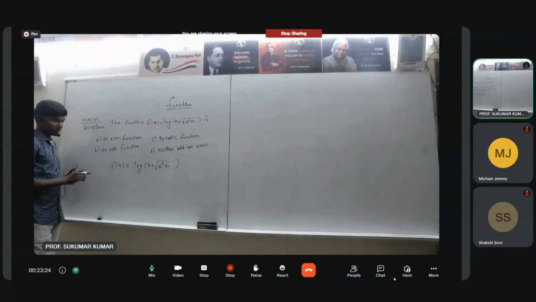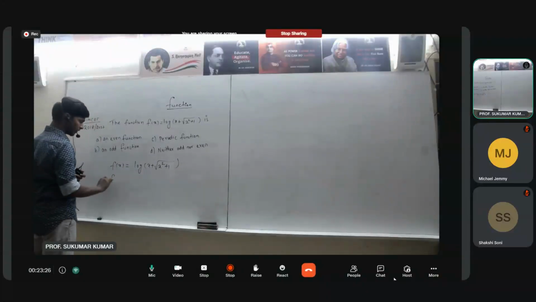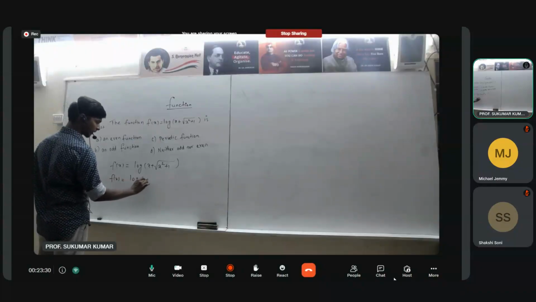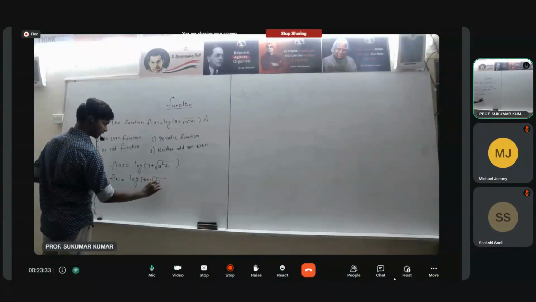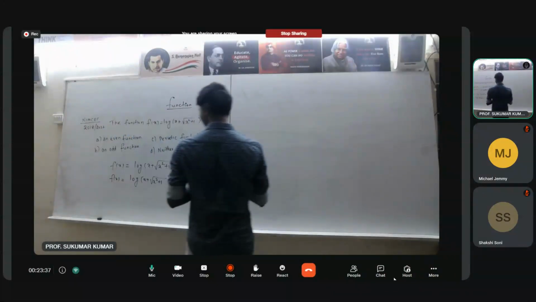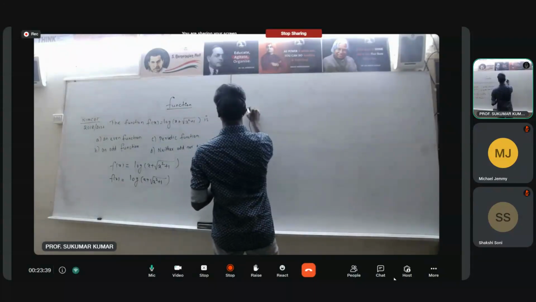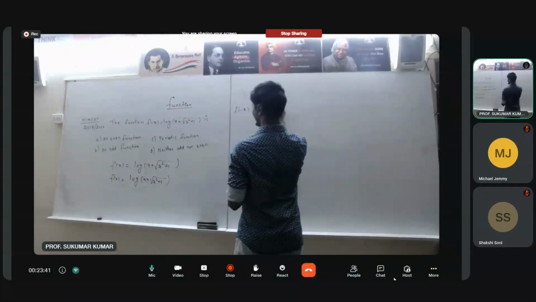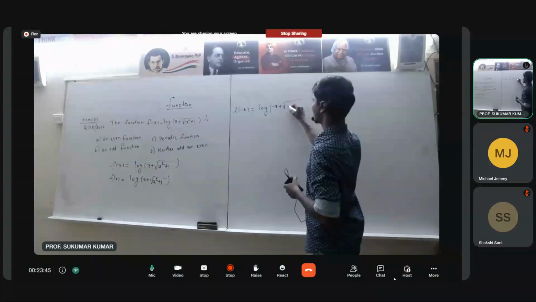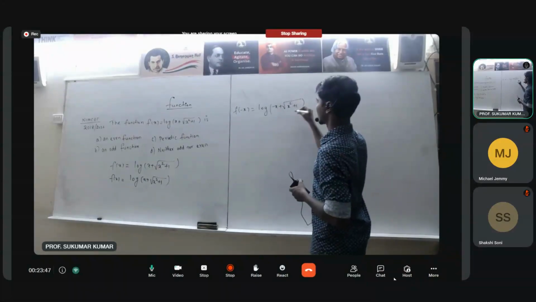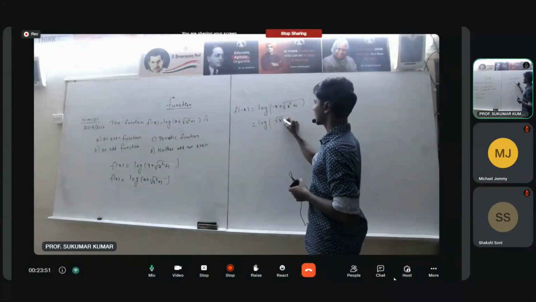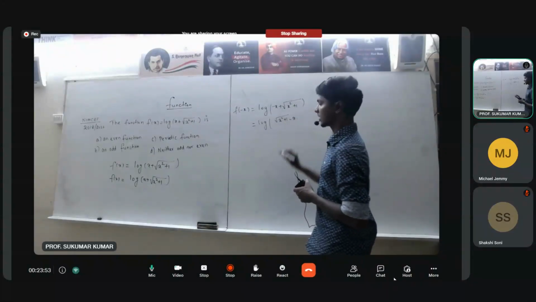Positive x never changes, right? If it is negative, what do we have? Log of minus x plus root of x square plus 1, right? So we can say root of x square plus 1 minus x now.